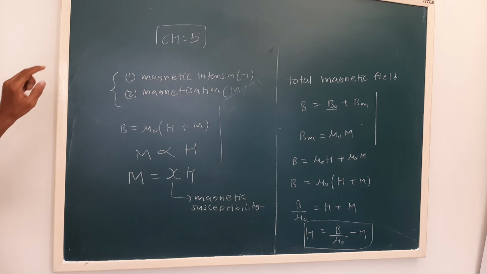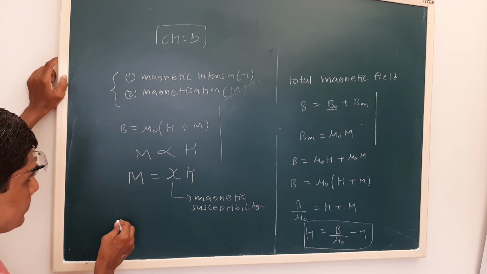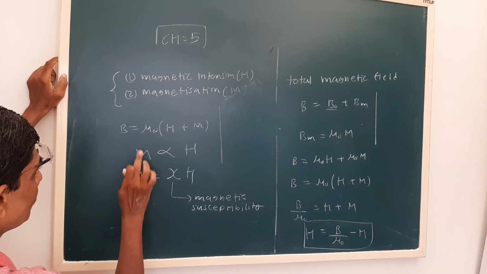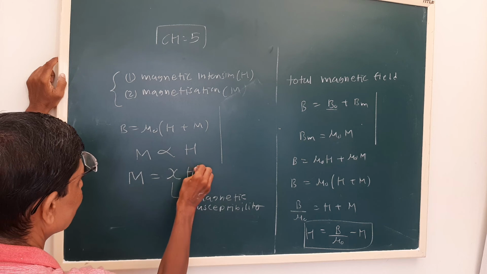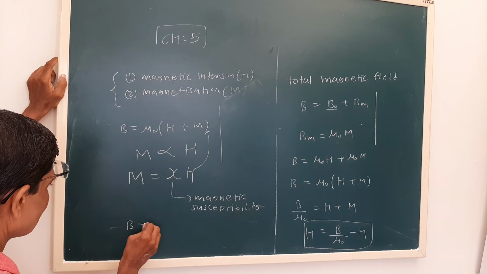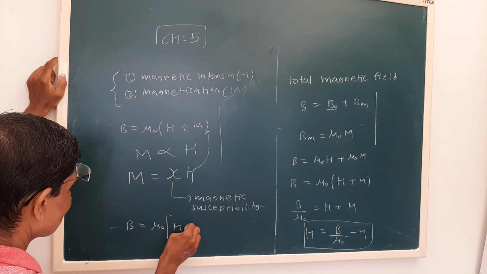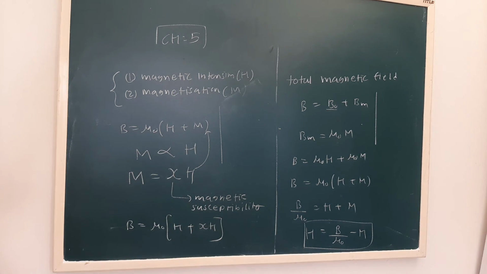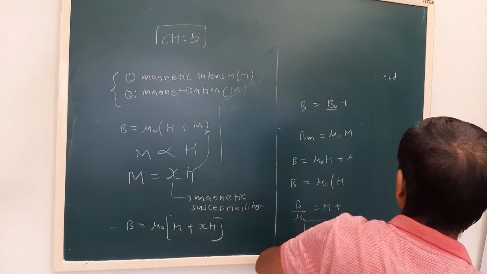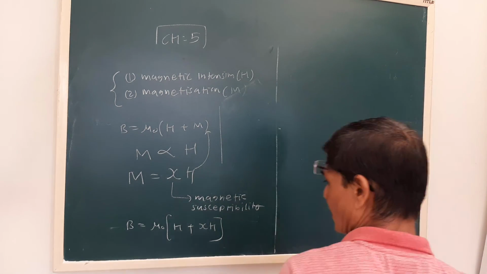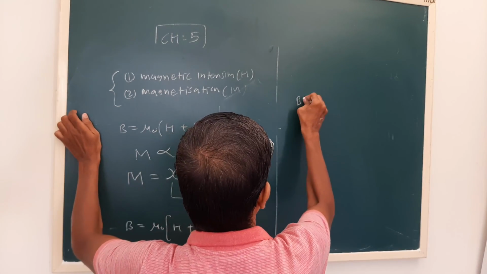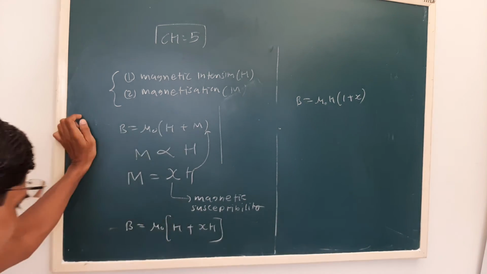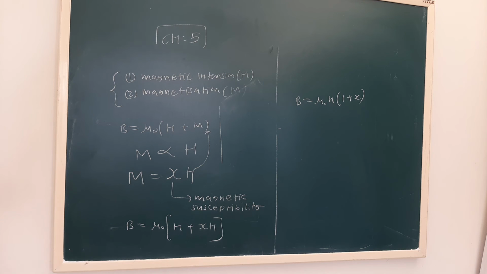Now see our equation. B is equal to mu 0 times H plus M. I am substituting the value here. So B is equal to mu 0 times H plus M, which is chi H. Now what we can see here is that H is common. So B is equal to mu 0 H times 1 plus chi.